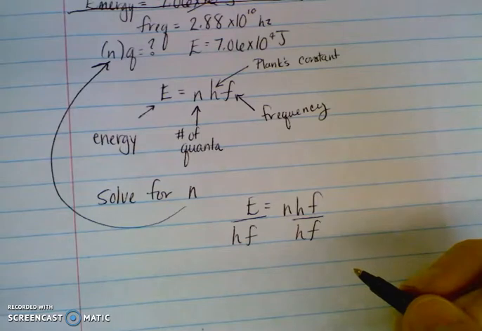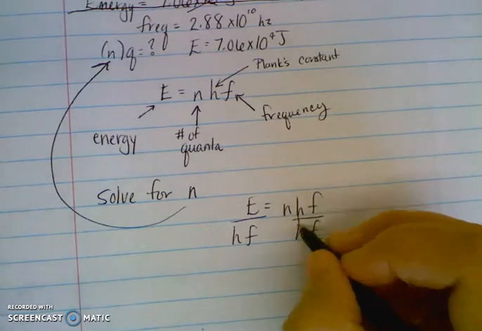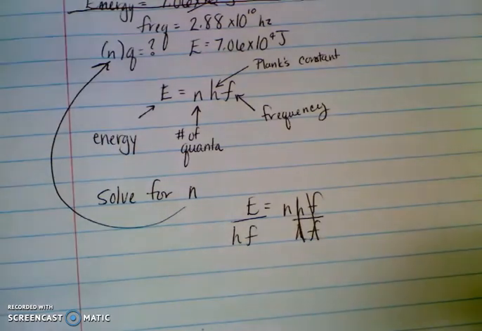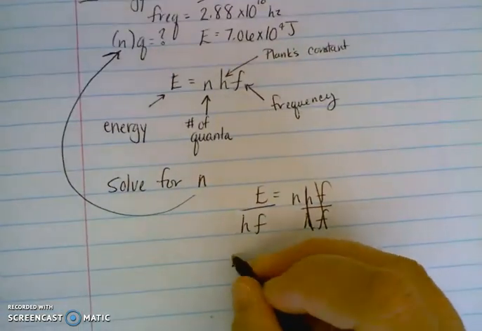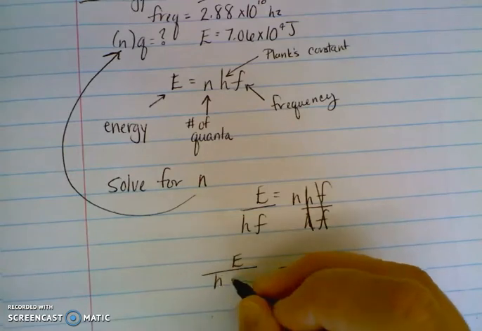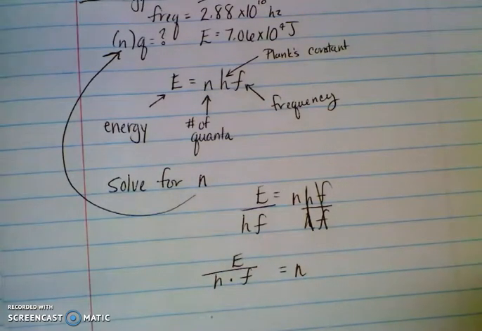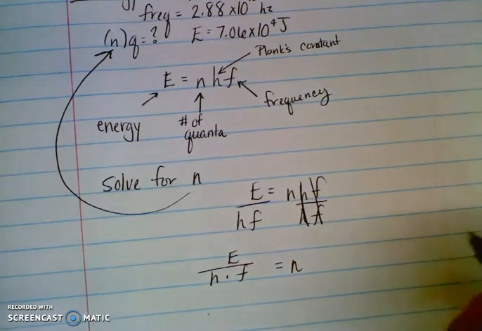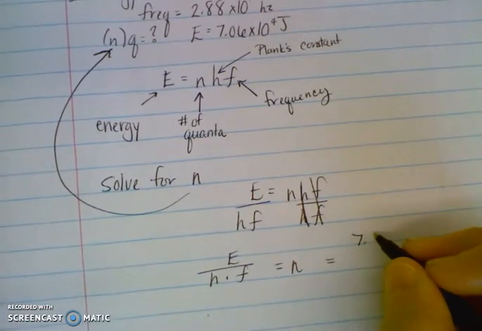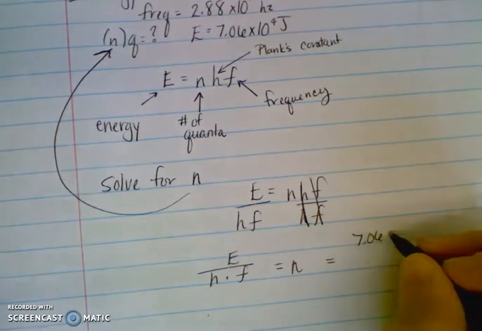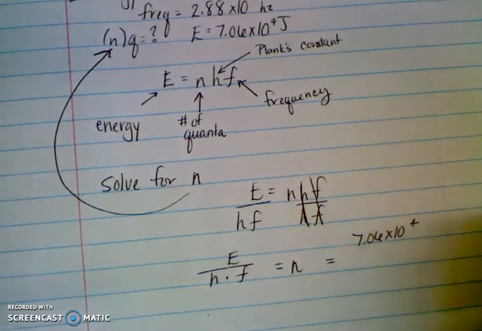So I can cancel my H, cancel my F's. So now I have N equals E over H times F. So now I can plug in those things because I know all of those. My energy is 7.06 times 10 to the 4 joules.